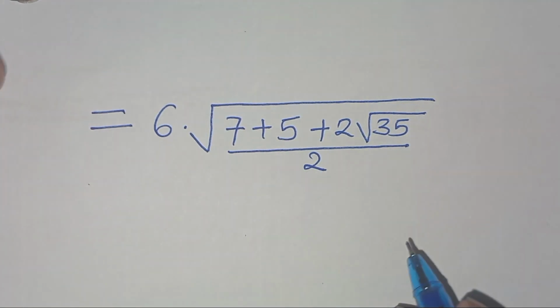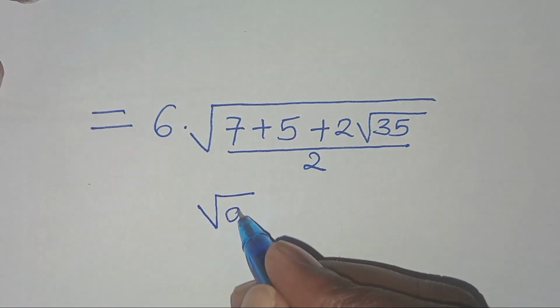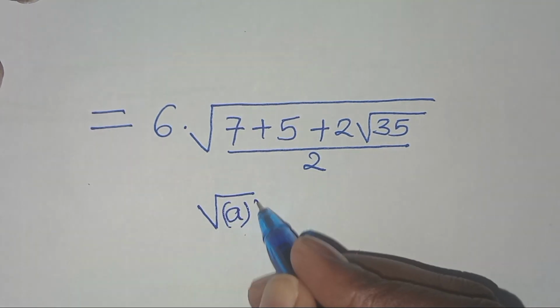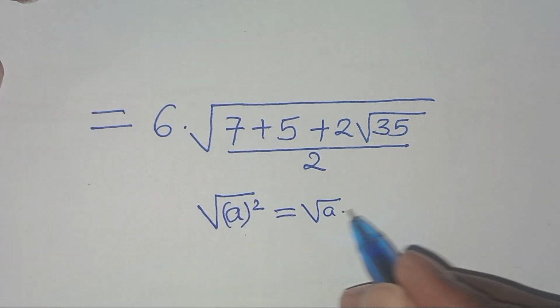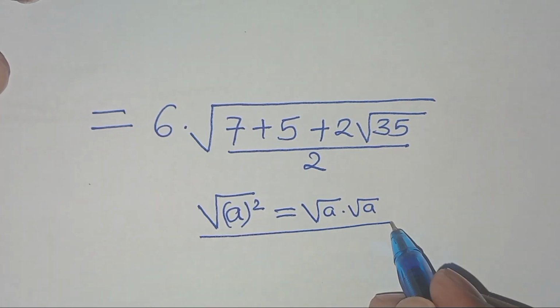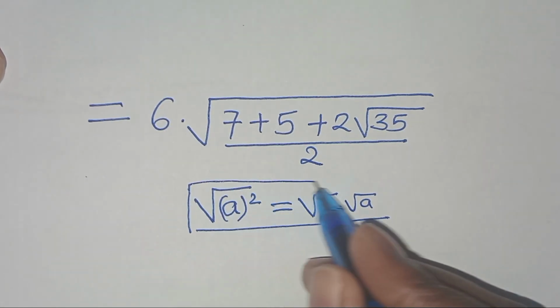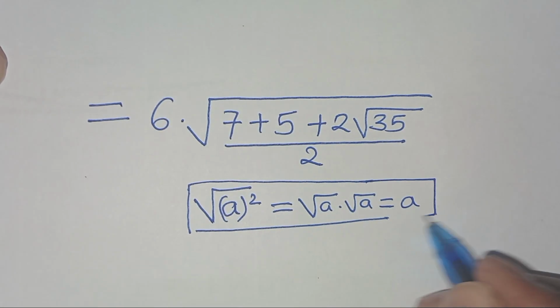Now, given that square root of a squared is the same thing as square root of a times square root of a, let's apply this property, and this is also equal to the same thing as a.